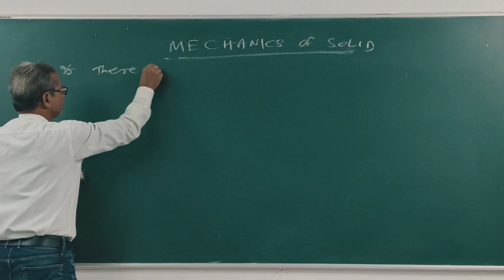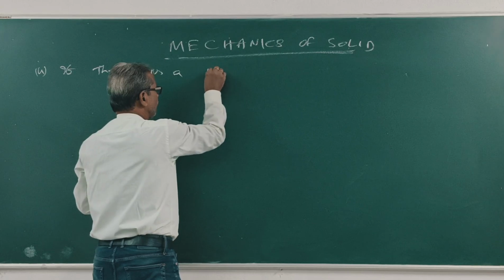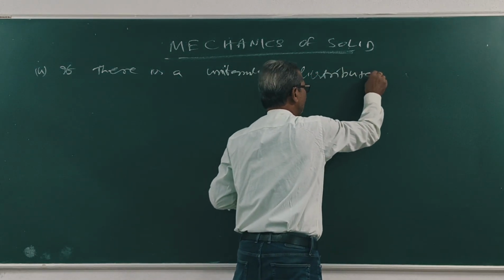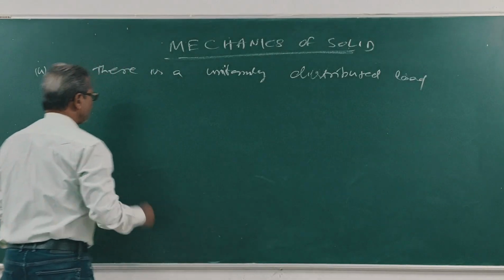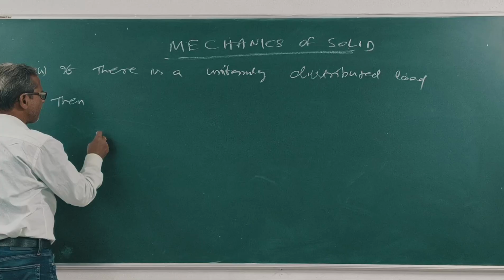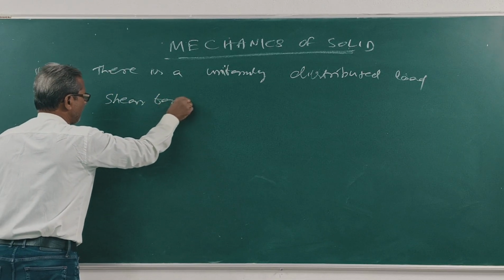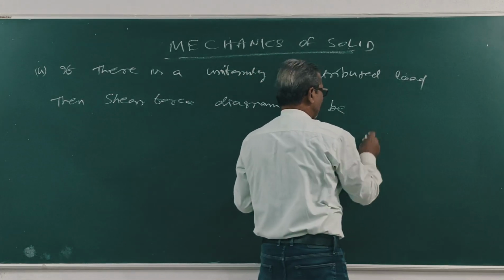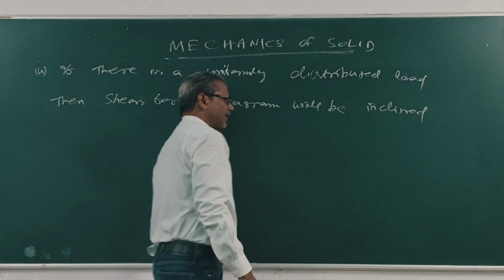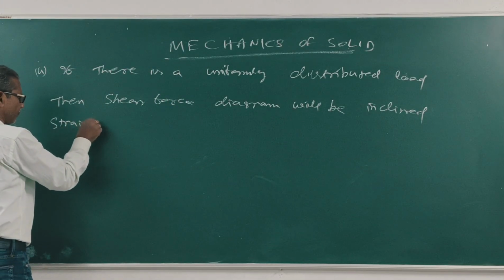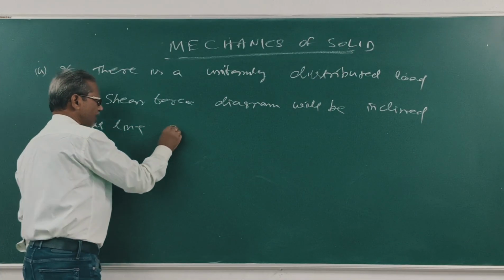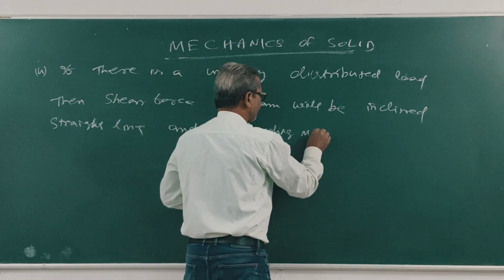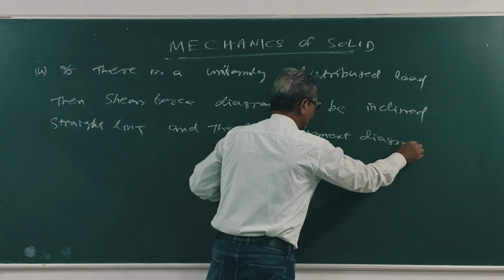Number four, if there is a uniformly distributed load, then the shear force diagram will be an inclined straight line, and the bending moment diagram is a curve.